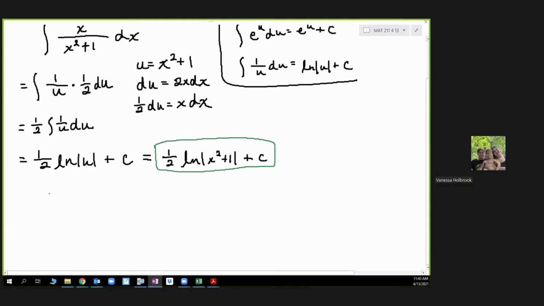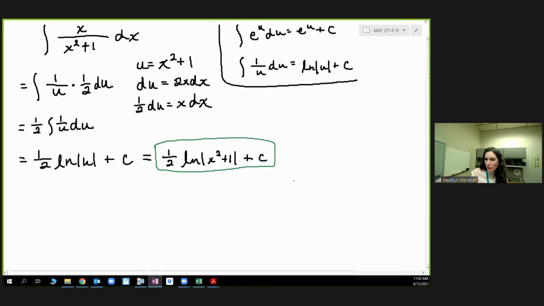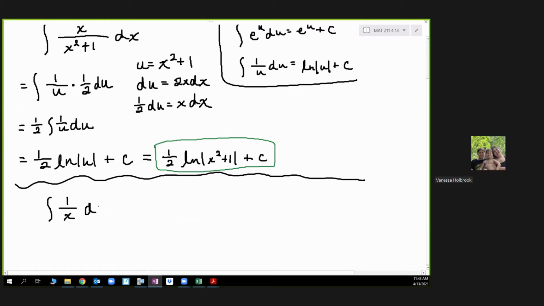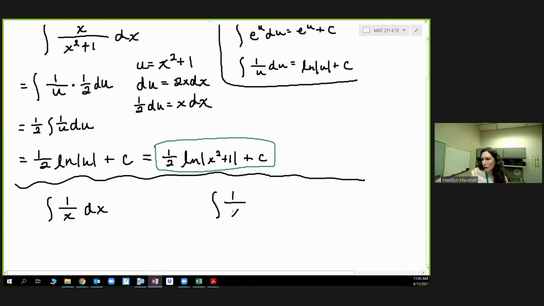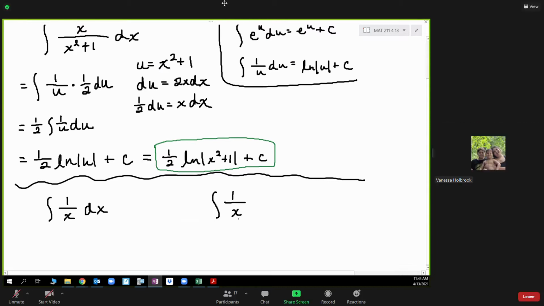Okay, so, for example, if we have an integral of 1 over x dx and an integral of 1 over x squared dx. Oh, that's actually not going to work. Yes, it is. Yeah, that's fine. Okay.